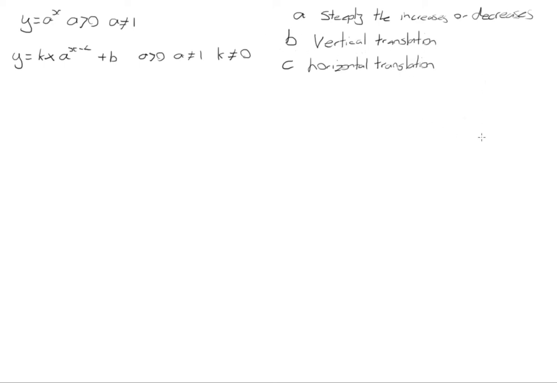So remember, b will change how much the graph moves up and down, c will change it left to right.